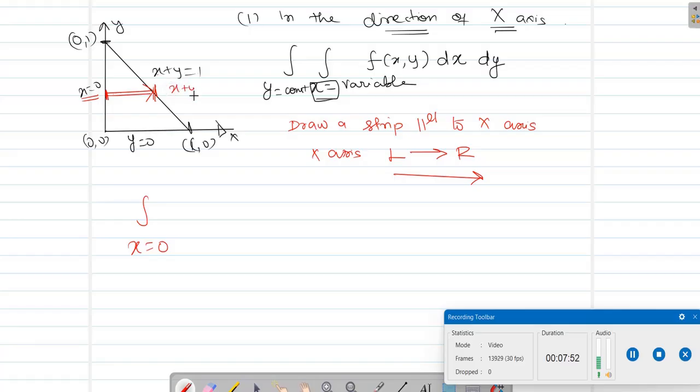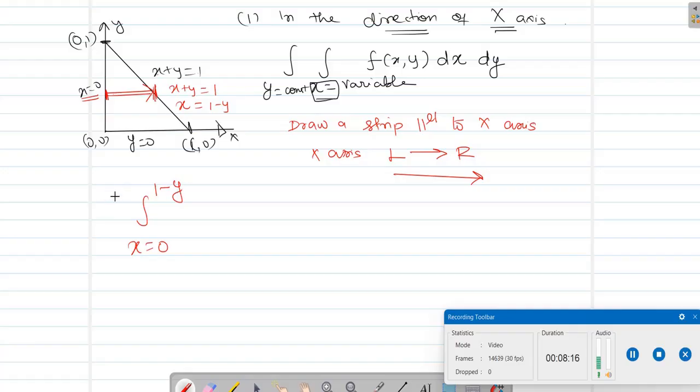If x plus y is equal to 1, we can say x is equal to 1 minus y. So where does the x value end in the rightmost region? It ends at 1 minus y. So x begins with 0 and ends with 1 minus y.